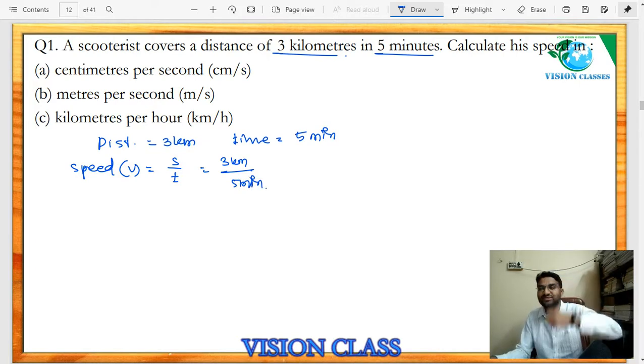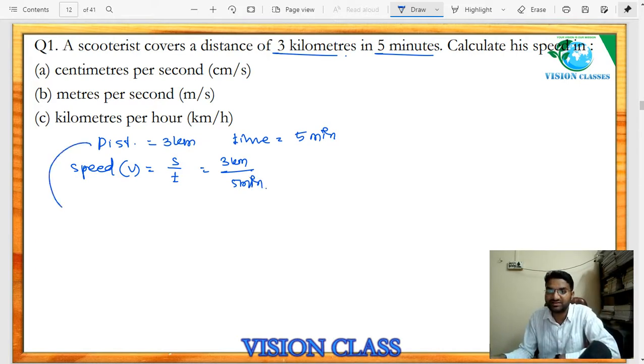First we have to convert the units. The distance is already given in kilometer, so we convert it into meter or centimeter. 3 kilometer means 3 into 1000 meter, that is 3000 meter.